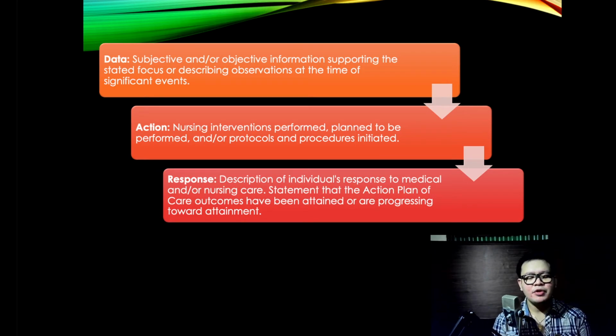Whatever actions you've done to your patient, what happened to the patient right after? Did the patient respond to your interventions, or did the patient deteriorate after your intervention? There is no right or wrong in providing the response coming from the patient because it is merely observation based on your clinical findings.